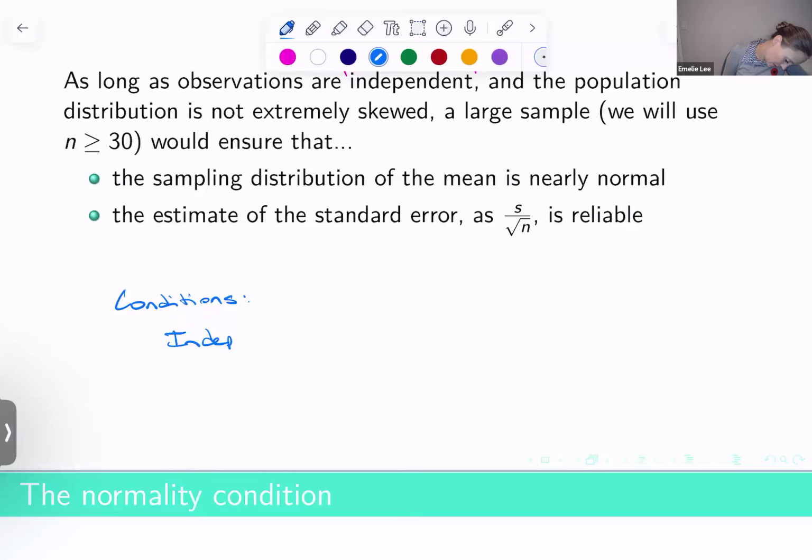In short, the conditions are, we have independence, which means as long as we've randomly sampled, we can assume independence.